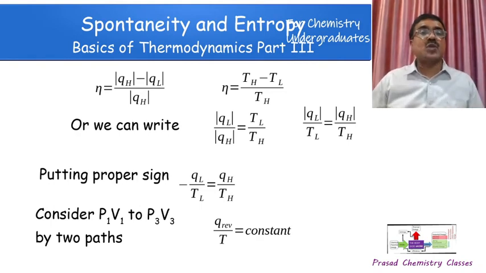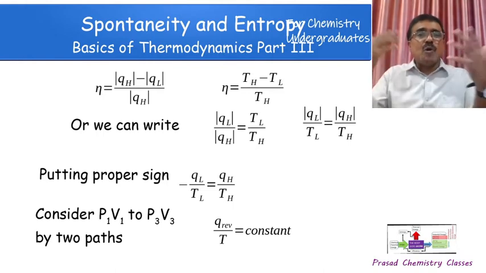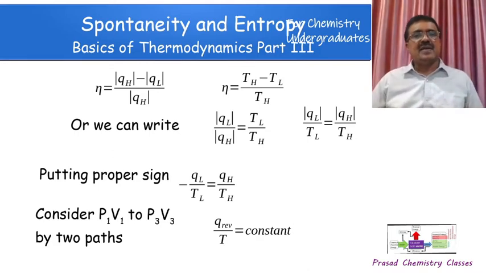So we can write Q reversible by T is a constant, and that is the thermodynamic concept of entropy. This Q reversible by T, the reversible heat absorbed upon the temperature at which it is being absorbed, their ratio is what we define as entropy.